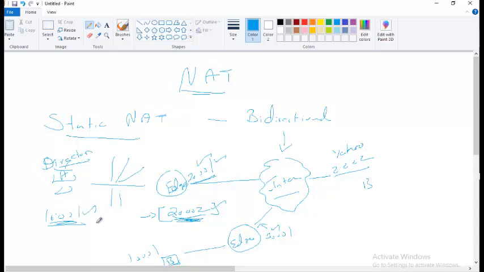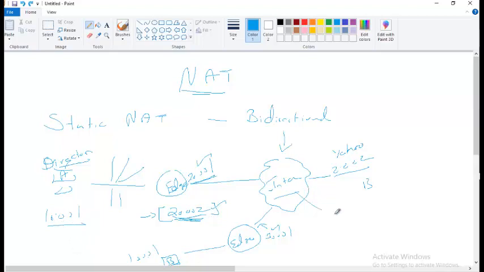Whenever this address comes, only then this gets mapped. For all the rest of the people, only this will get mapped. So let us not talk about all the rest of the people. Now let us focus on the director computer.